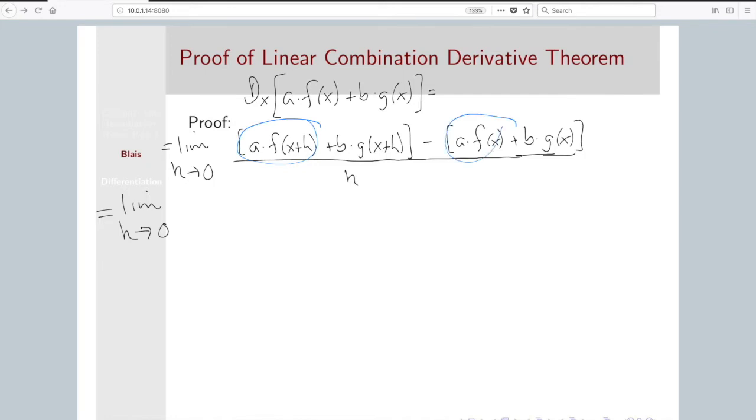So we'll have a times f of x plus h minus a times f of x. And then the other terms have b's, and we'll do those together. So we have plus b times g of x plus h minus b times g of x, all over h.